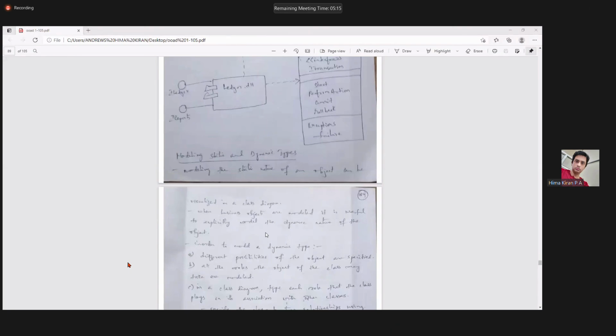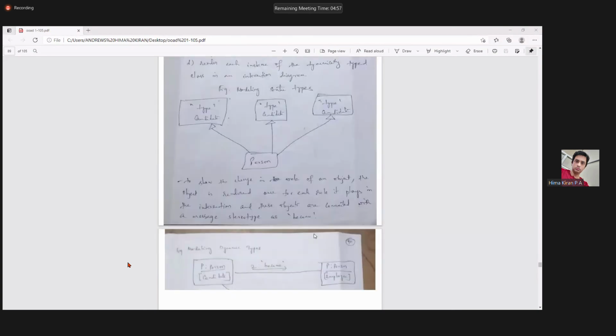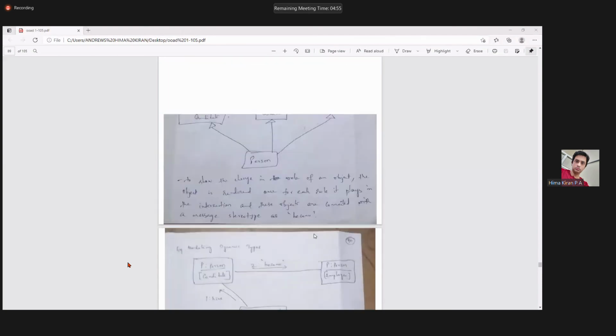And dynamic types are the systems where we need to keep on changing the tools and the relationships, and the design process has to represent that. That is the concept. And I will continue in the next class because it takes more time to explain. So I'm stopping here.